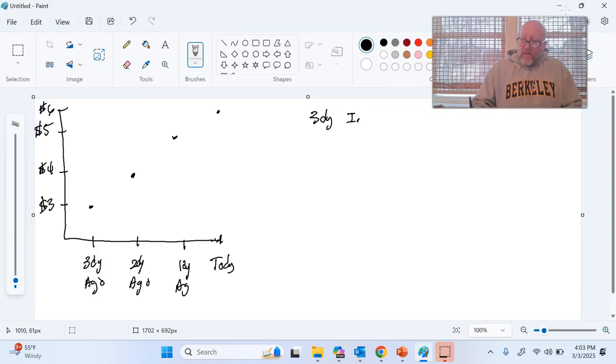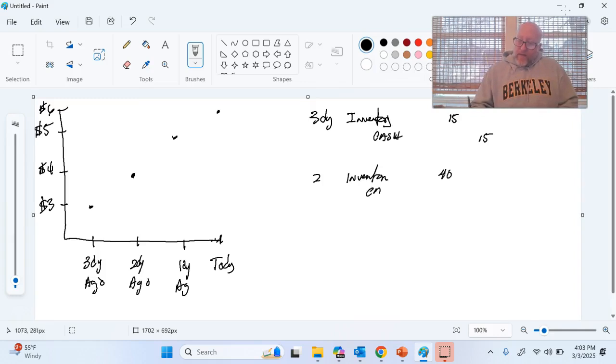I would say inventory, and if I purchased 15 avocados and paid $3 a piece, I can do that in my head, $15 cash, $15. 2 days ago, let's say that we purchased 10 avocados at $4 a piece. I think I would have inventory 40 and cash 40.